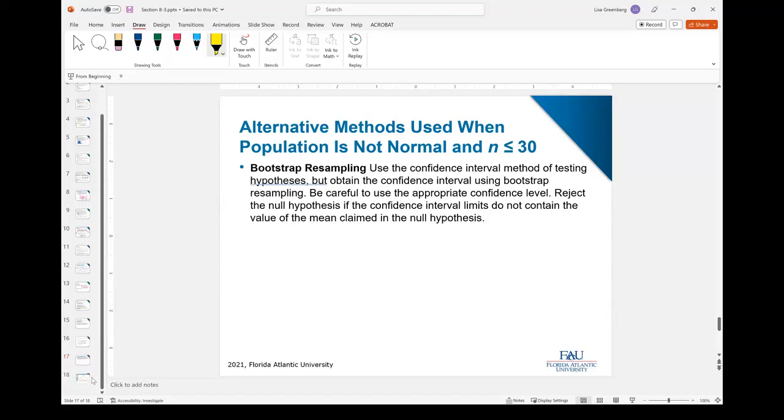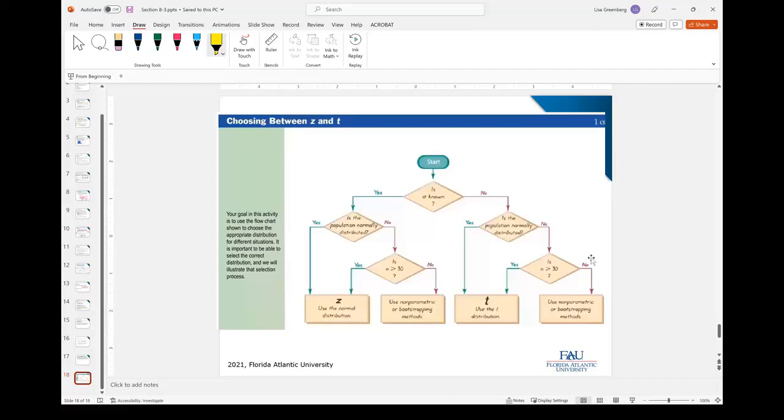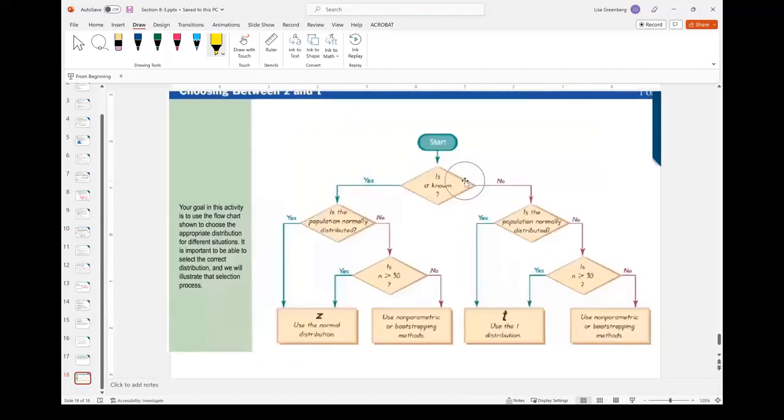And last but not least, I have this chart, and I think this will be very helpful. It's the way you decide whether you're choosing between Z and T. I know that it is hard to decide if you want to use a Z table or a T table. So this is a flow chart that will tell. And let me make this a little bigger. Okay.